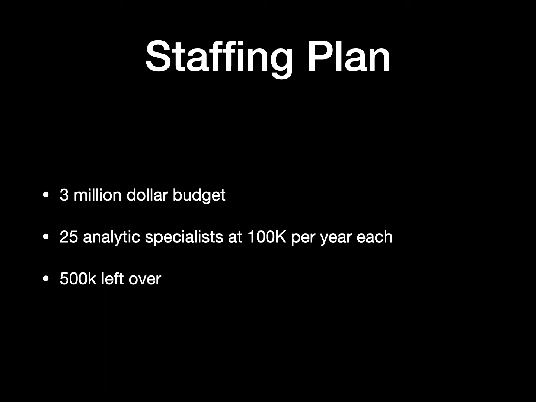With that, we're going to have about 500K left over. With the price, I plan to hire the best analytics specialists in the region to come together and focus on the enterprise data management. I've created various job titles and put together teams to help the operation run smoothly and efficiently.